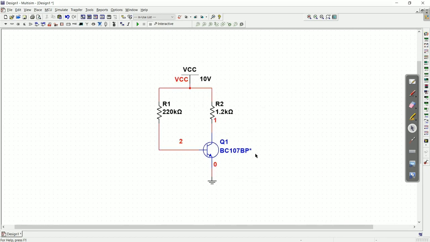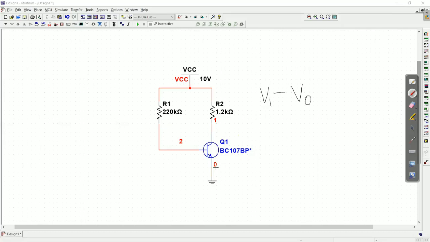After connecting, the circuit looks like this. Now we need to find the current flowing here, IC, and the voltage drop between these points, which is V of 1 minus V of 0.